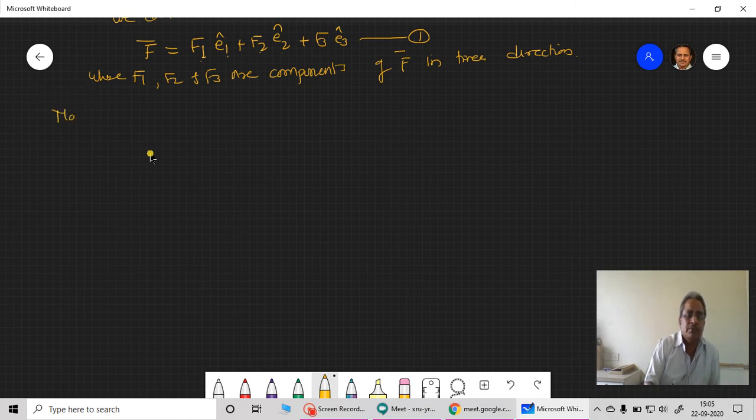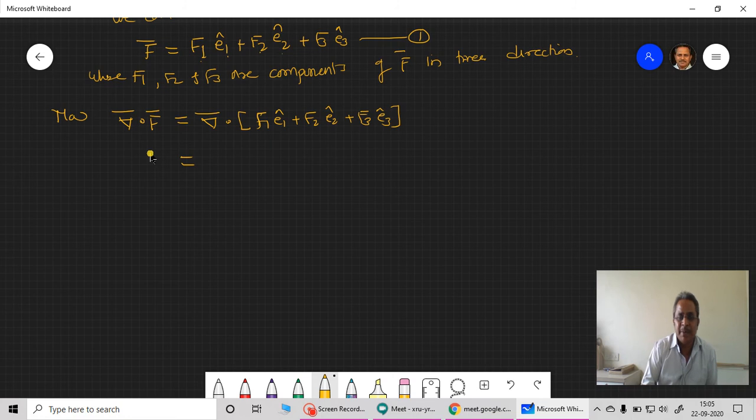Now let's go for this del bar dot F bar, simple dot multiplication operation. So this is nothing but del bar dot, in the bracket I am writing this capital F1 into e1 cap plus F2 into e2 cap plus F3 into e3 cap. So I used equation 1 there to find out this. As I know, A dot (B plus C plus D) can be separated out in three different terms.